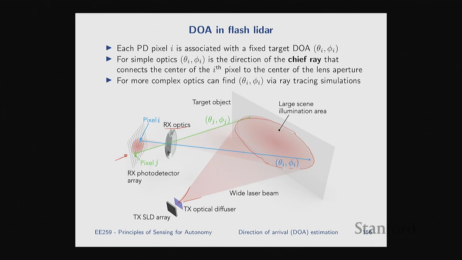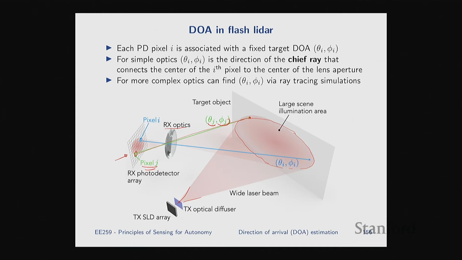But just by looking at the way the optics work, every pixel in the receiver array of the flash LiDAR gets returns from a very specific direction in the scene. If you look at pixel J, the theta and phi, which are the azimuth and elevation angles of the returns that pixel gets, are fixed in the scene.